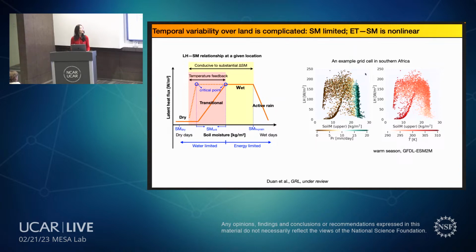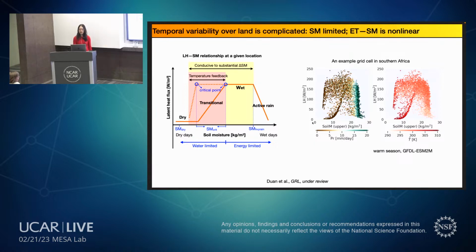Before we do that, I want to note that land is very complicated. First, there is temporal variability. On the right-hand side, you see one example grid cell from Southern Africa in one model. This shows the relationship between latent heat and soil moisture. The left is colored by precipitation, the right is colored by temperature.